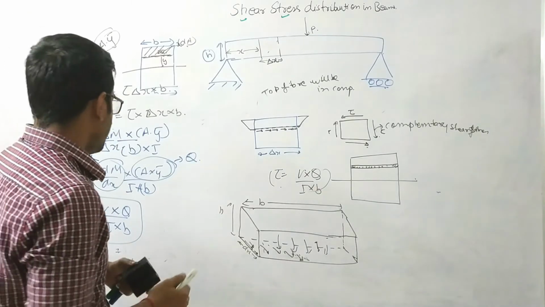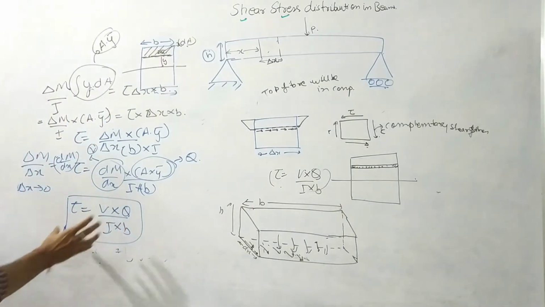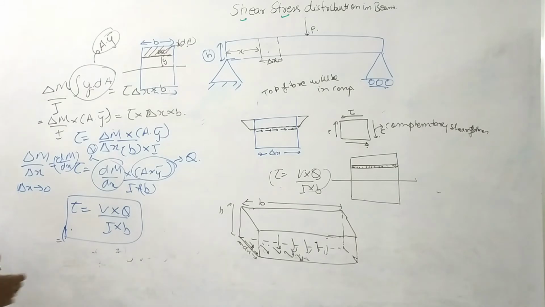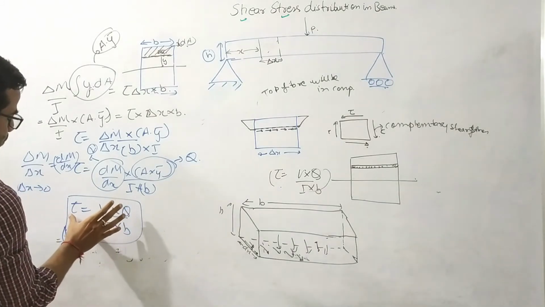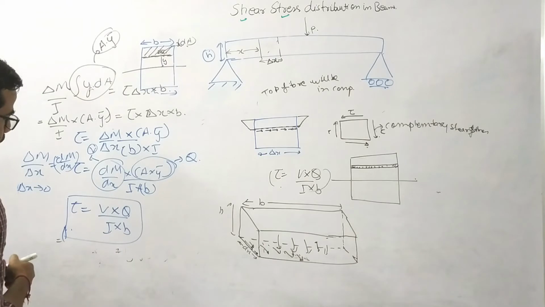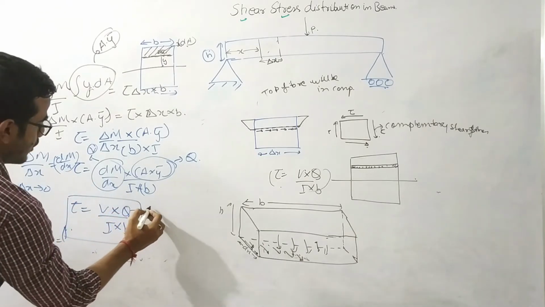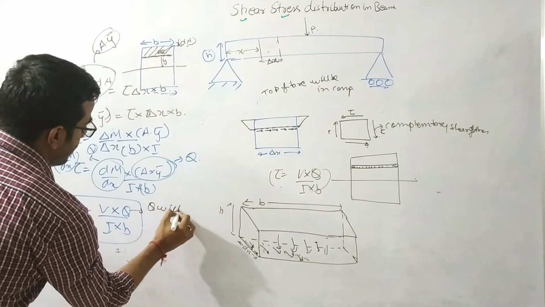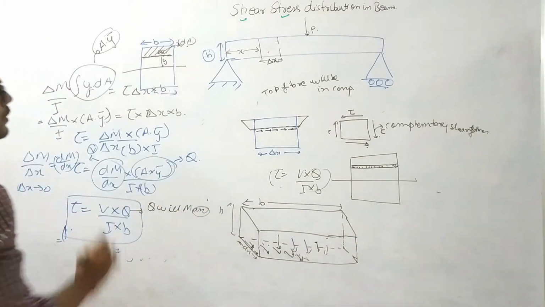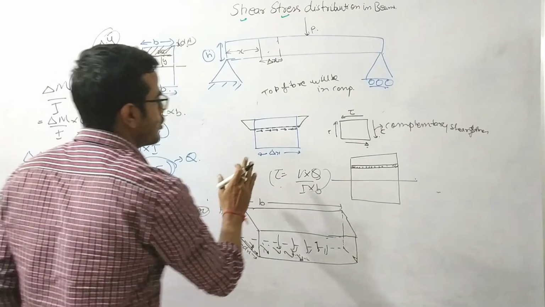And if we come to this formula, the horizontal shear stress will be maximum where Q will be max. At what point will Q be max?